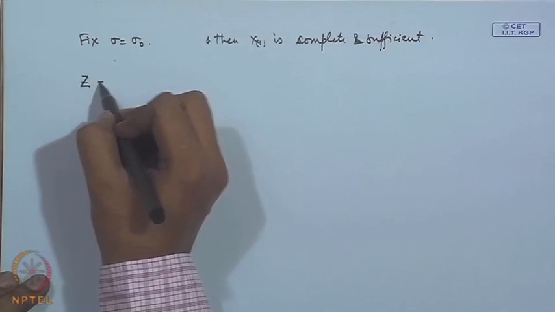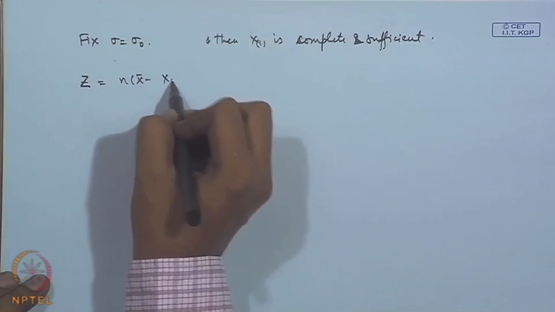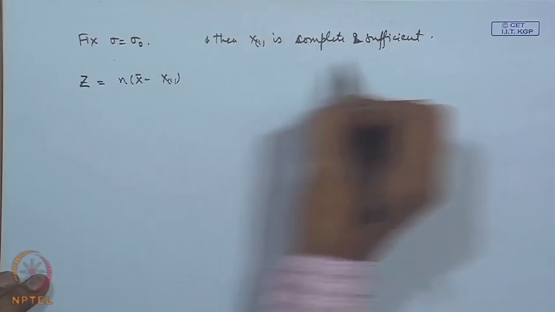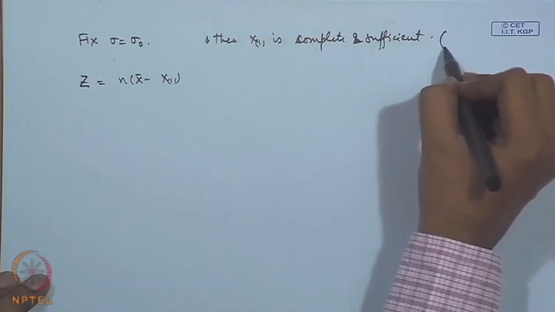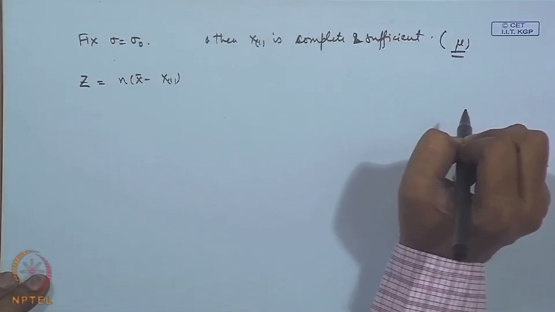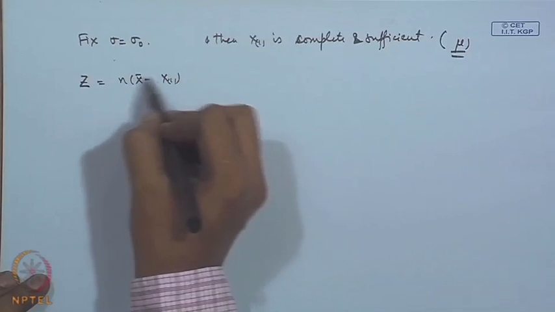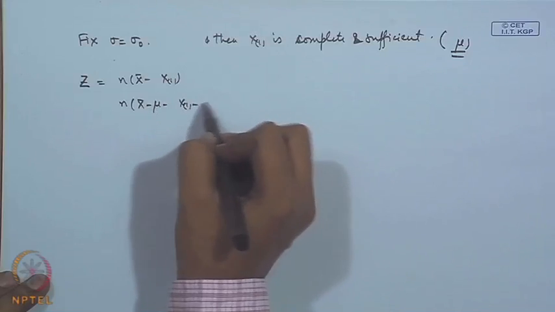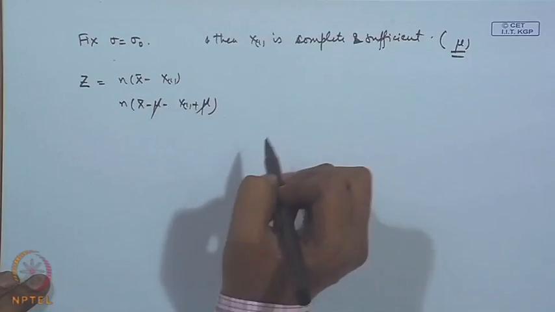Now, z, if I take n x bar minus x 1, the parameter is actually mu now here. And if I consider, say, n times x bar minus mu minus x 1 minus mu, so mu gets cancelled out.